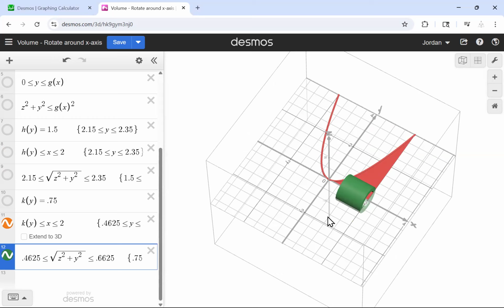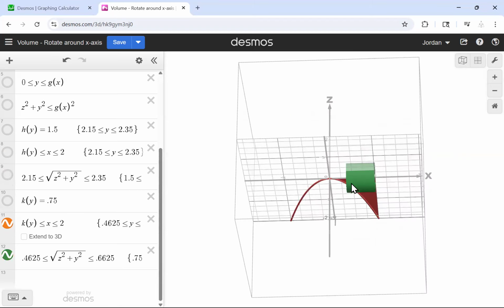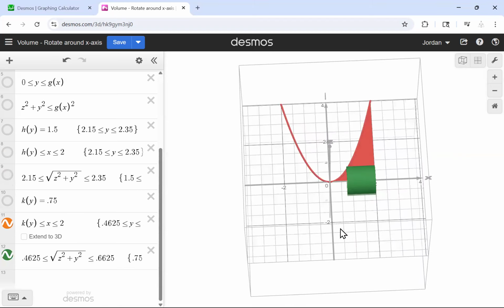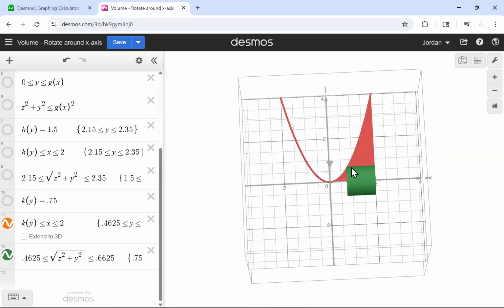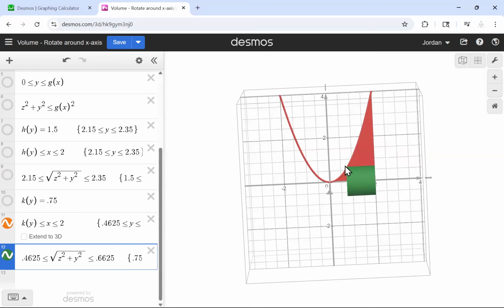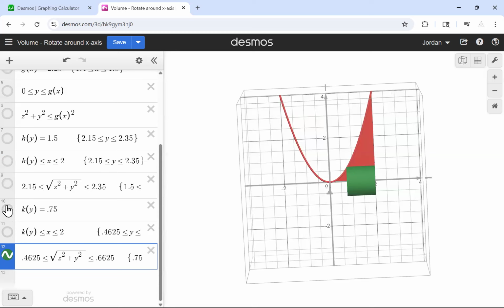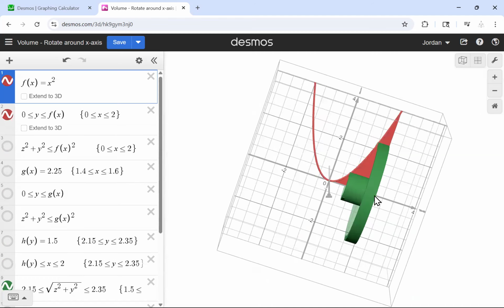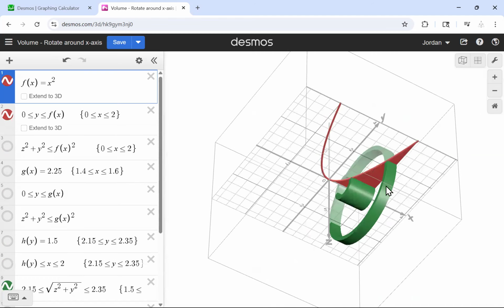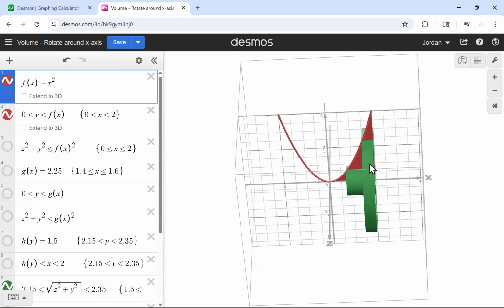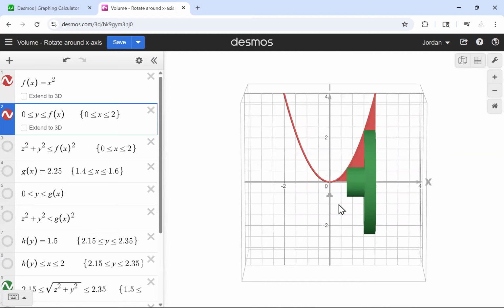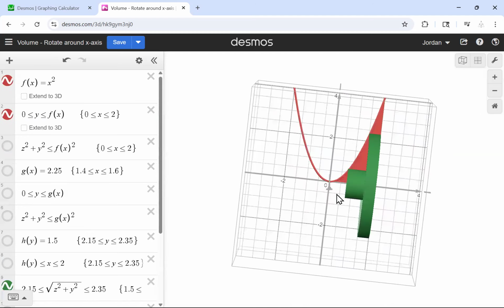The height is going from the curve down to x equals 2, or x equals 2 down to the curve if I want a positive numerical value. So we can see that we can get lots and lots of different shells. Obviously, we add them all up. Again, these are just two representative shells.